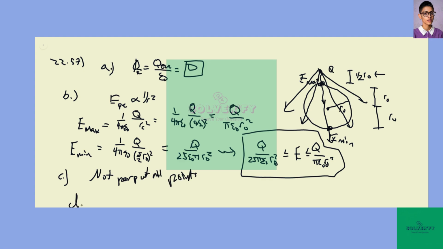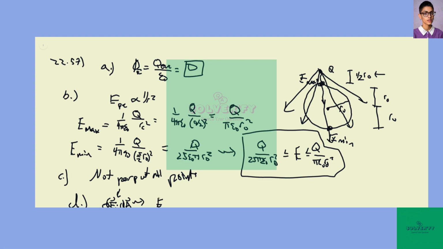Cool. Part D. This asks, is Gauss's law useful for obtaining E at the surface of the sphere? Well, since the electric field is not perpendicular or constant over the surface, Gauss's law is not useful, because the only way Gauss's law is useful is if we can assume the E field is constant or perpendicular over the entire surface.